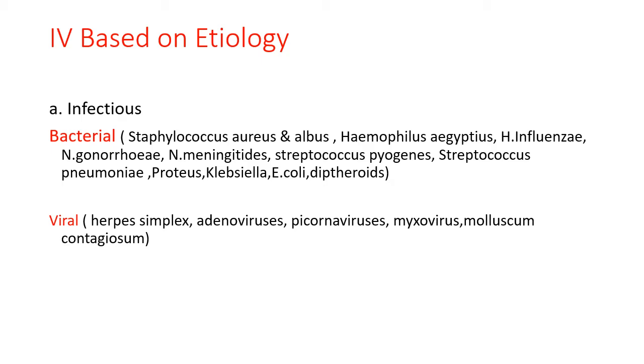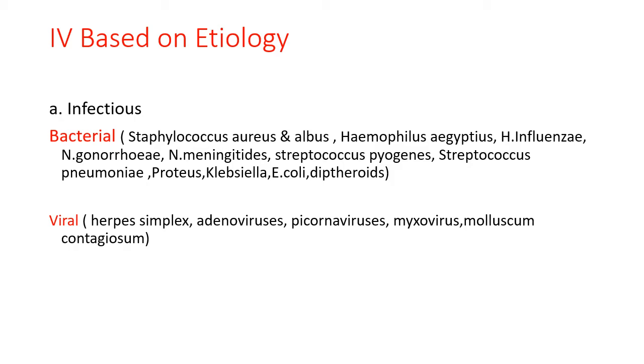So here we are seeing one part, that is infective conjunctivitis, bacterial conjunctivitis. In the infectious variety, you can have bacteria such as Staphylococcus aureus, Staphylococcus albus, Haemophilus aegyptius, Haemophilus influenzae, Neisseria gonorrhoeae, Neisseria meningitidis, Streptococcus, Klebsiella, E. coli.